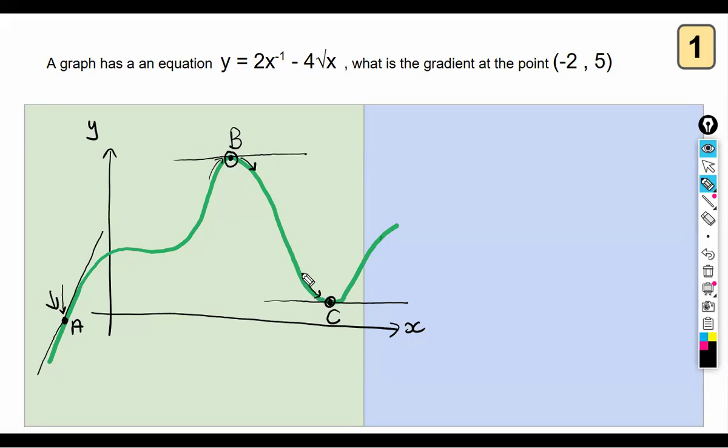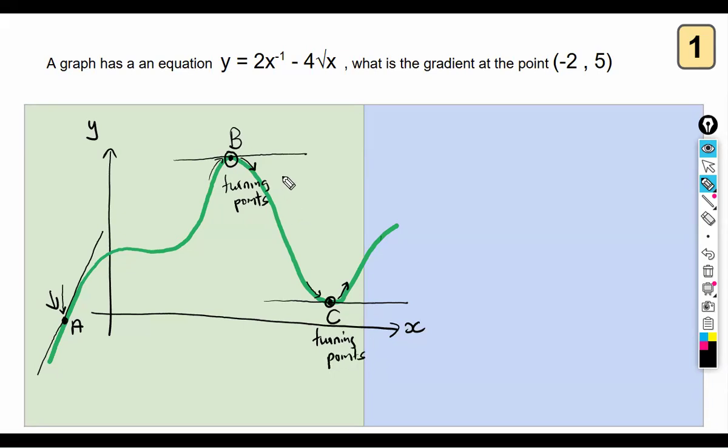Before point C, the graph is going down, and right after point C, the graph is going up. It's turning, your direction is turning. So you know what you call these points? Take a guess. Turning points. So B and C are what we call turning points.